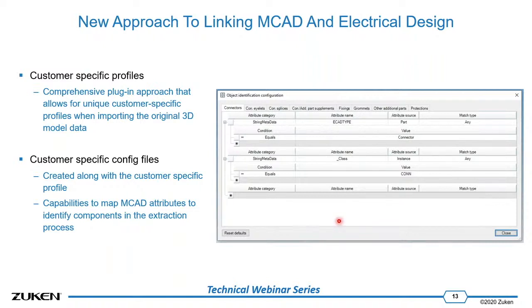In this image, you can see you can assign Boolean expressions to take an attribute from your MCAD, for example this ECAD type, and this is going to be labeled as a connector. This is a plugin within the tool that allows you to have consistency between your MCAD and your schematics, so your part numbers and everything match up. It allows you to accept a wide variety of different attributes between your MCAD tool and your schematics, ultimately ending up at the right part number or right component.